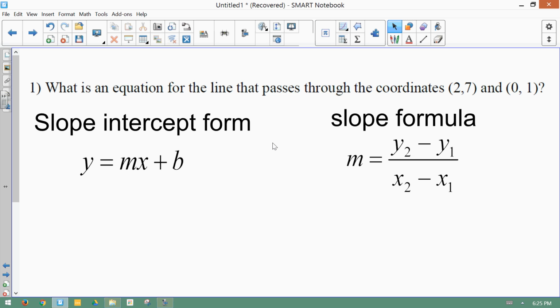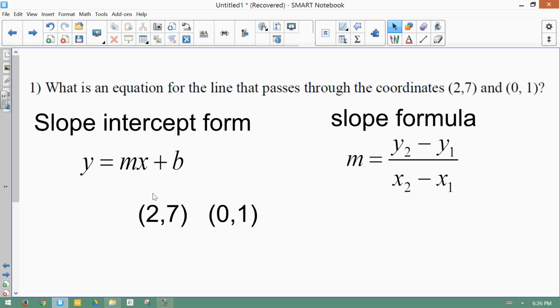Now that we have that out of the way, let's use these 2 concepts to solve the problem. Let's take our point (2, 7) and our other point, which is (0, 1). Let's go ahead and name them.